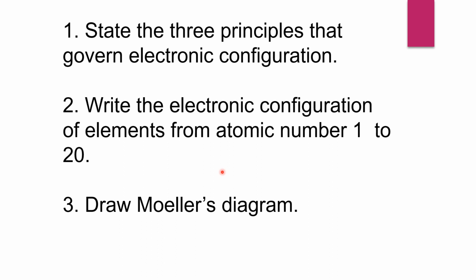Okay? I repeat the tabular form: serial number, atomic number, which is the same, and then element name and its electronic configuration. Then the third question is to draw the Moeller diagram, which is important for a 5-mark question.